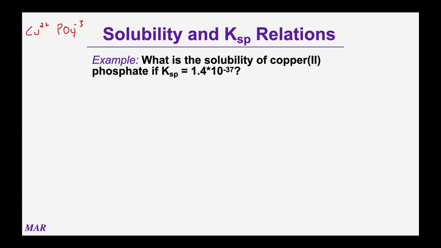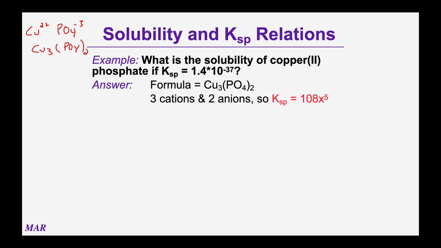So when they come together to make a neutral compound, you can use crossover or whatever you want, Cu3(PO4)2, that would be the formula for copper II phosphate. We have 3 cations and 2 anions. And if I'm correct here, KSP equals 105 times x to the fifth.